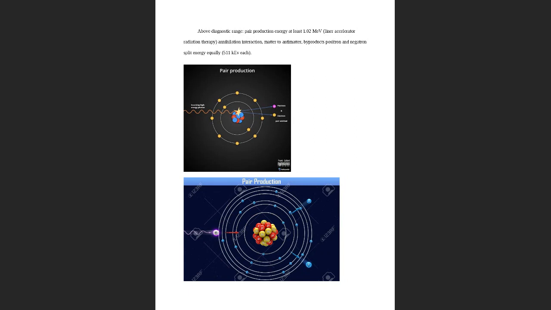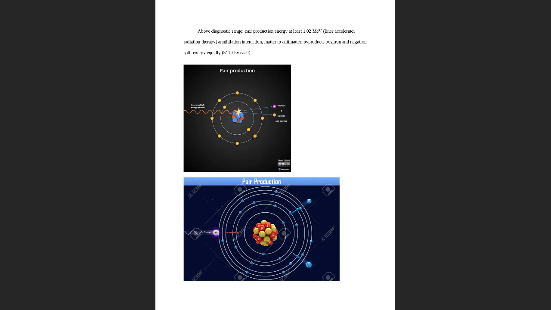This is considered an annihilation interaction, a matter, antimatter, and the byproducts are a positron and a negatron, or what can be referred to as a positively charged electron and an electron.